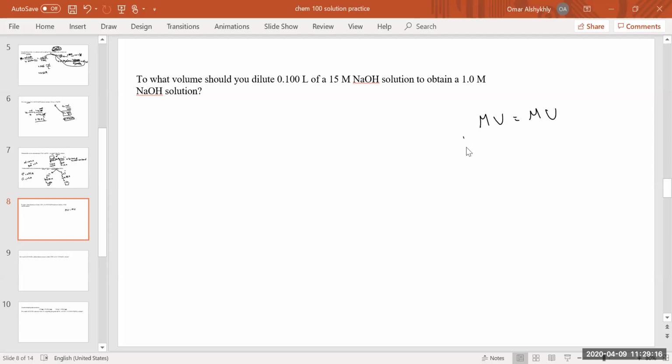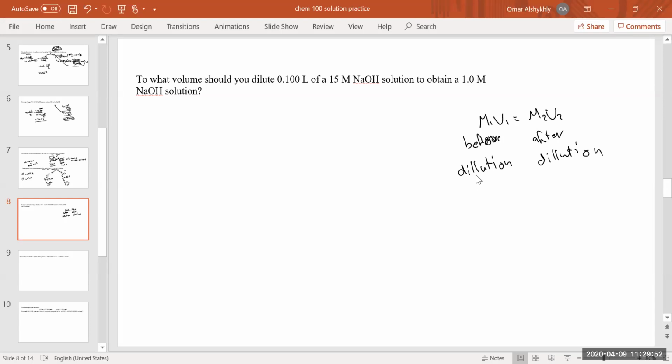This is before dilution, and here after dilution. Sometimes they use M1 V1 equal M2 V2, or M initial volume initial equal M final volume final.